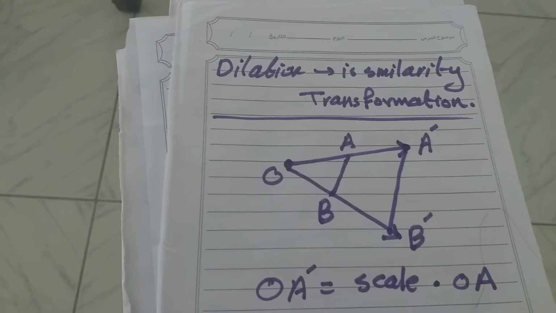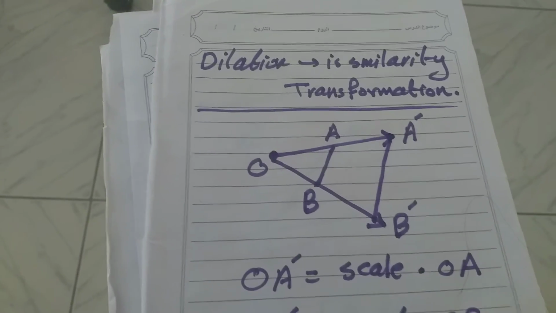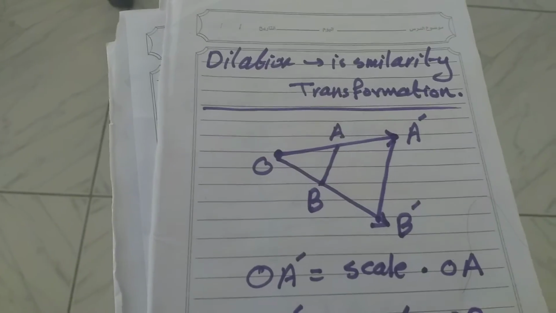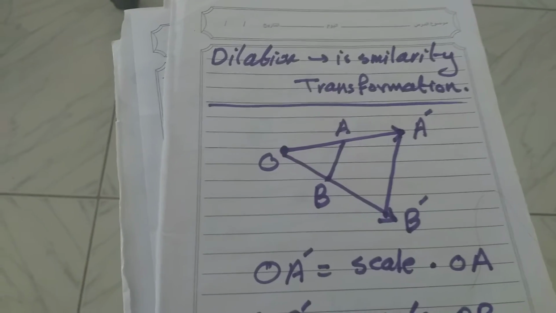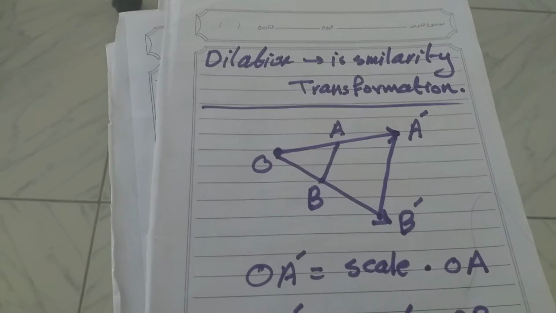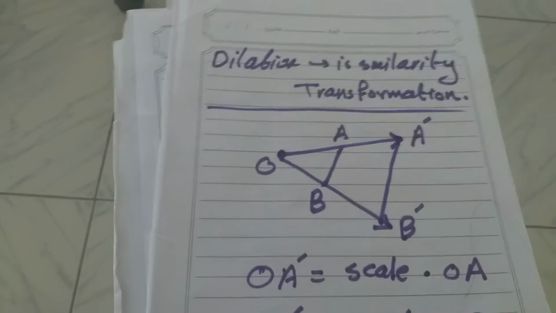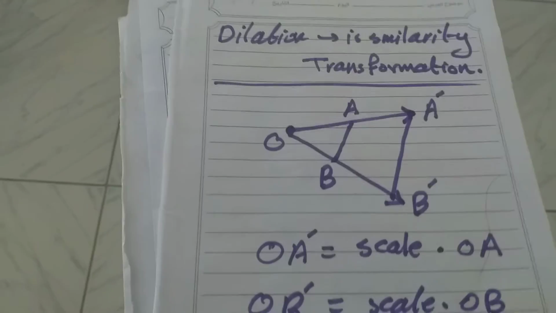Then we talked about translation, which is the second. Then we talked about rotation, which is the third one. And this lesson is dilation. But for the first 3 kinds of transformation, we are talking about similar or congruent figures. But for dilation, we will talk about similar figures.